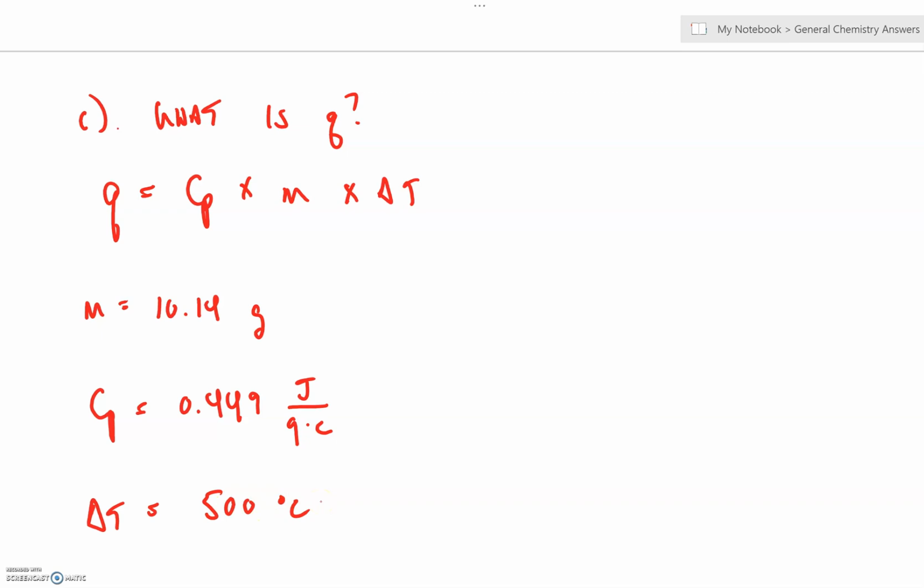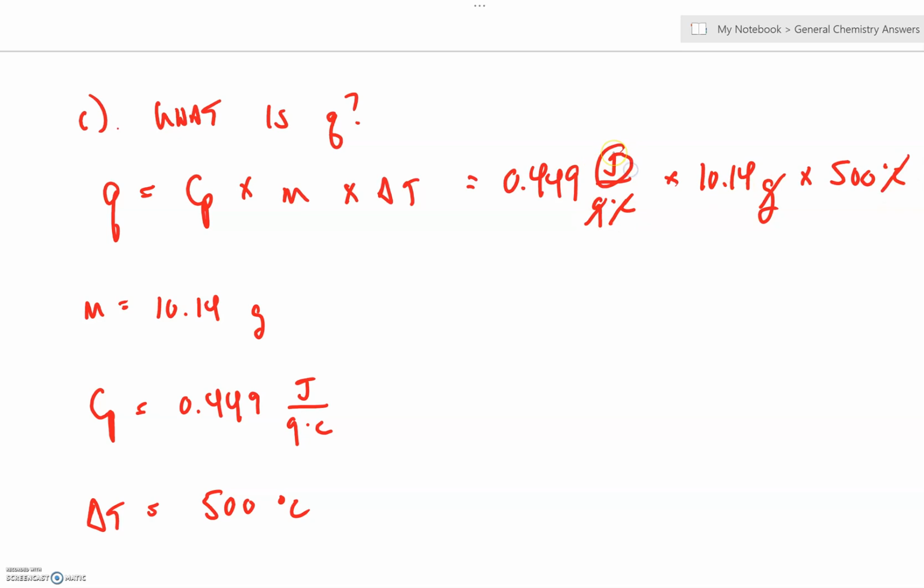So we're going to plug them right into our equation. So we got a specific heat, 0.449 joules per gram degree Celsius. We have a mass of 10.14 grams and a delta T of 500 degrees Celsius. Degrees Celsius cancel, grams cancel, leaves us in joules.